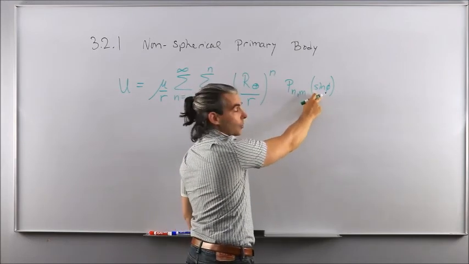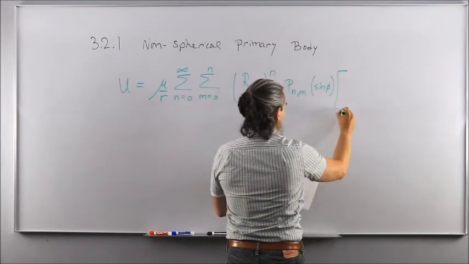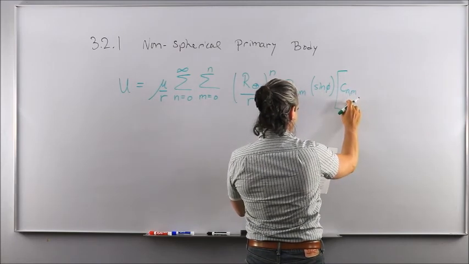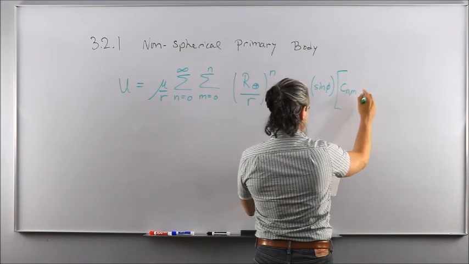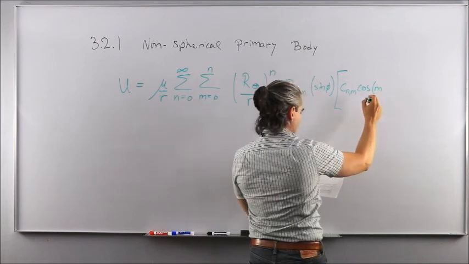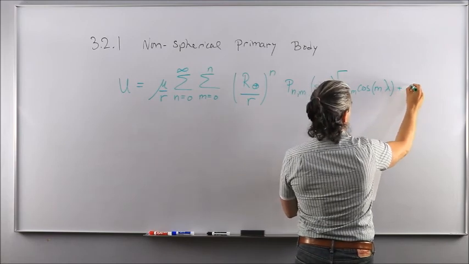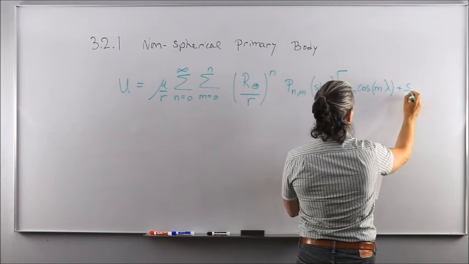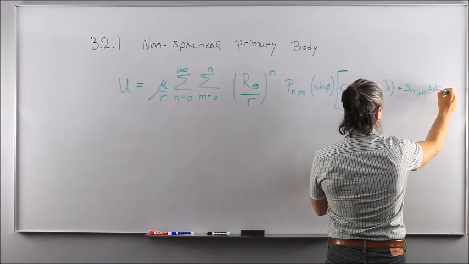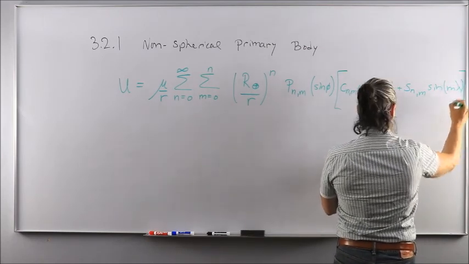I'll draw a figure in a moment to show exactly what this variable represents, and times cnm, which is a geopotential coefficient, cos of order m that multiplies the longitude, plus another geopotential coefficient, snm, that multiplies sine of m times longitude. Okay?